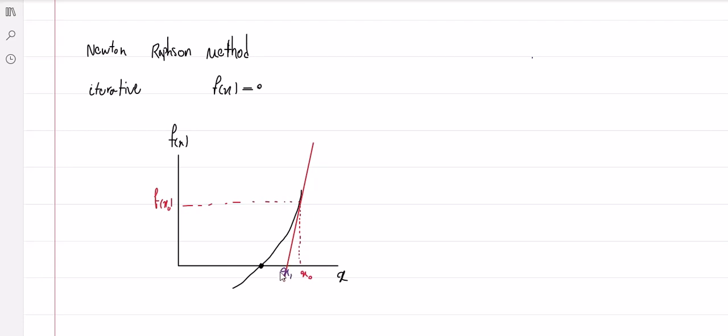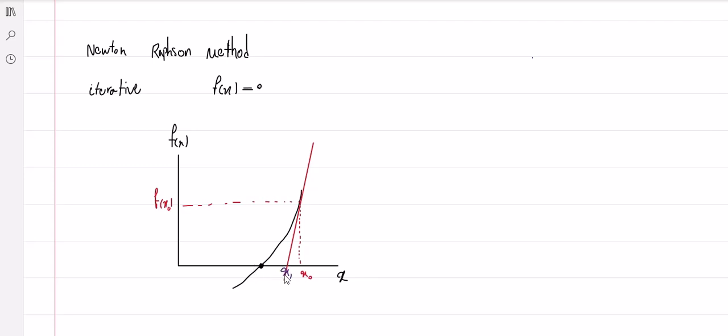So as you see in here, our new intersection, which is called x1, is now closer to the actual root. And if I repeat this process over and over again, we are finally gonna get closer to the root of the function.